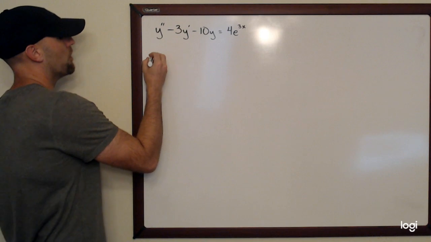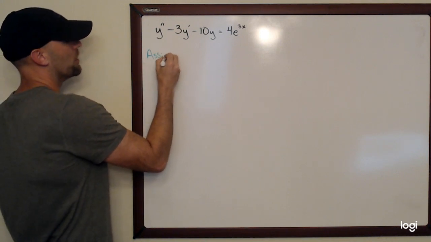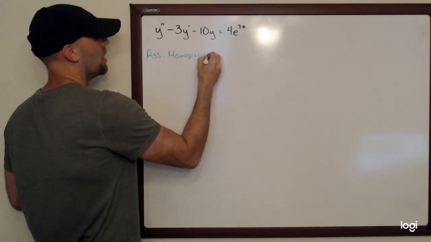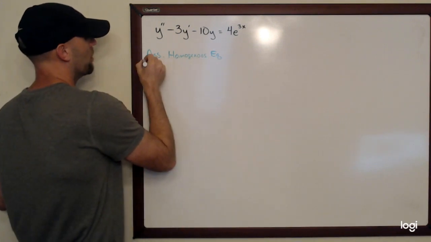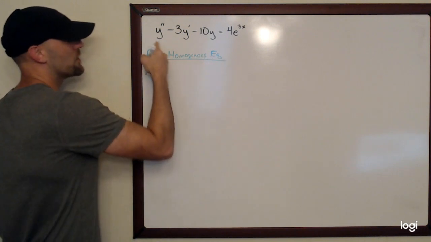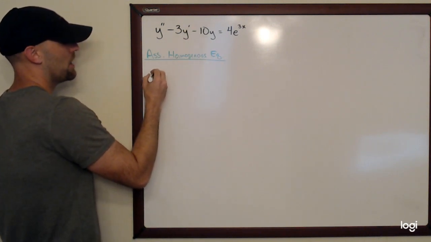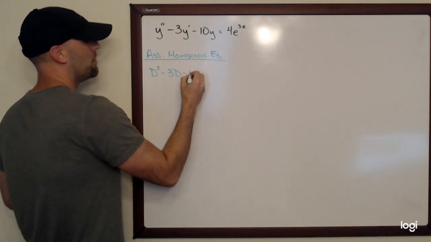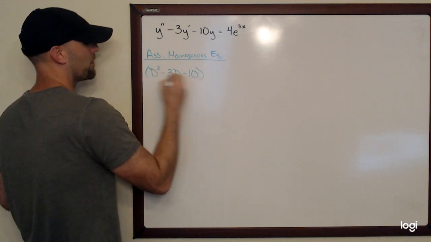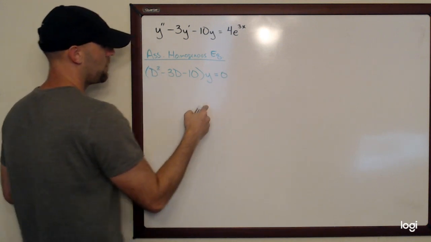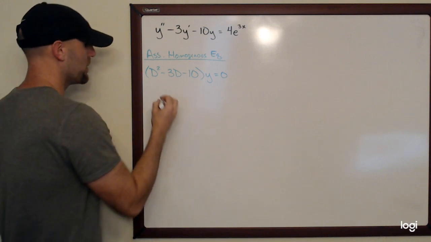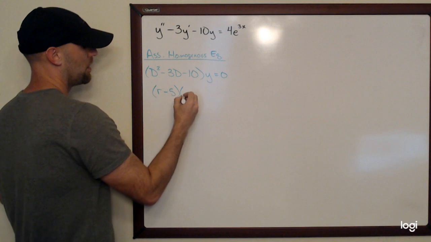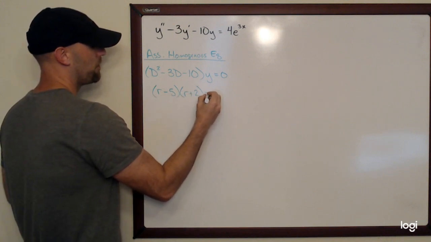Okay, well, we can solve that pretty easily. So let's go ahead and solve the associated homogeneous equation. Rewriting this in my linear transform notation, that's D squared minus 3D minus 10 y equals 0. The auxiliary polynomial for this is, of course, just (r minus 5)(r plus 2) equals 0.